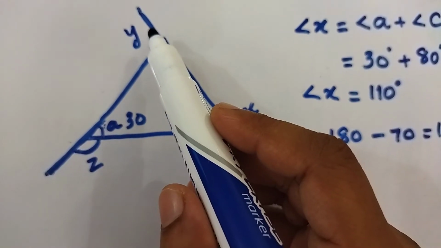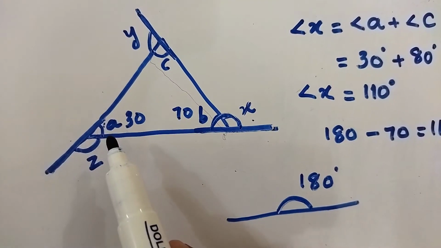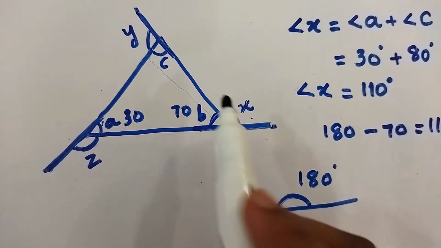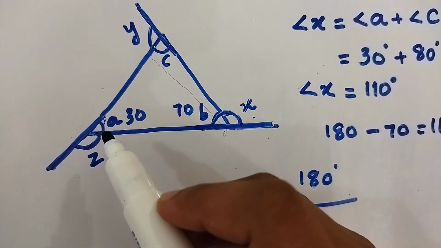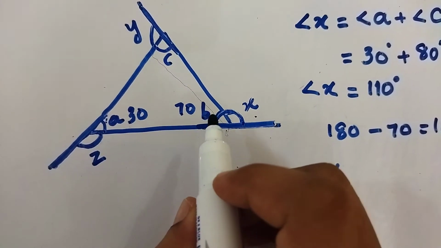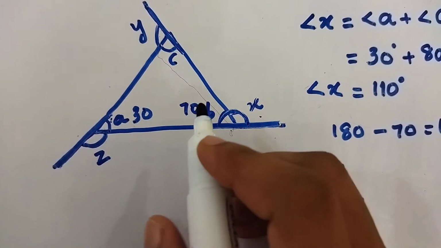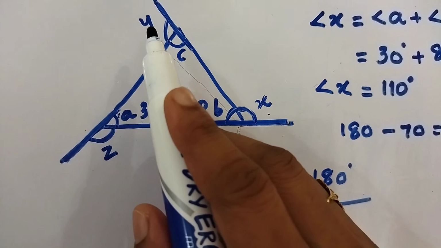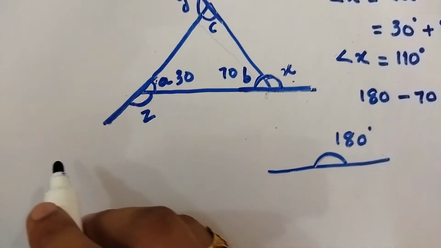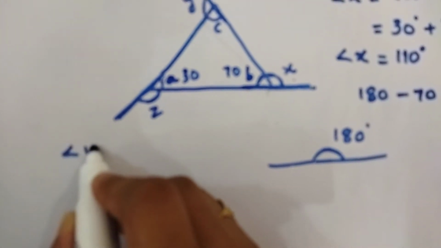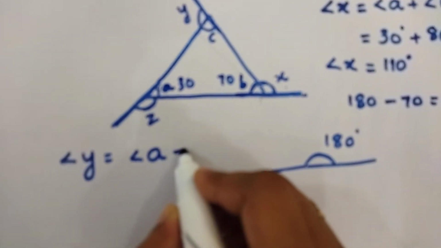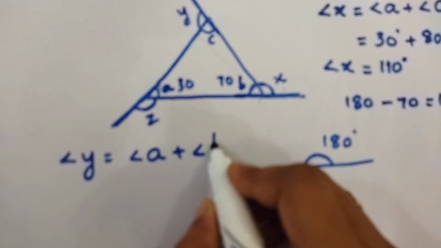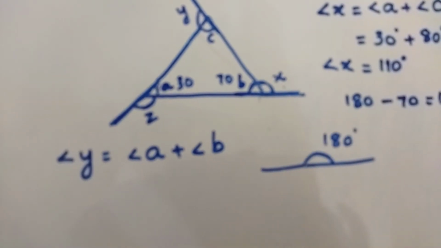The opposite interior angles of this angle Y are angle A and angle B. So if we need to find out the value of angle Y, we need to add angle A and angle B, that are opposite interior angles to this angle Y. Let us find out the value of angle Y.